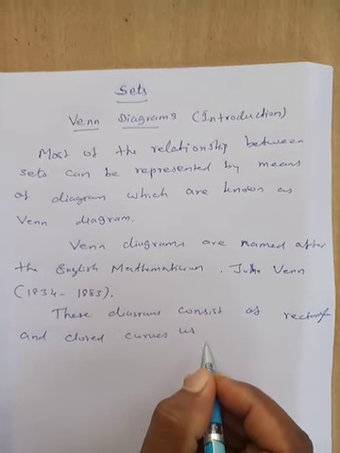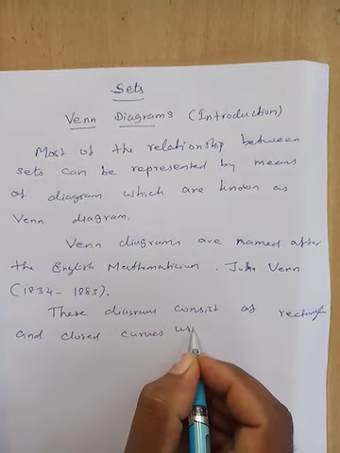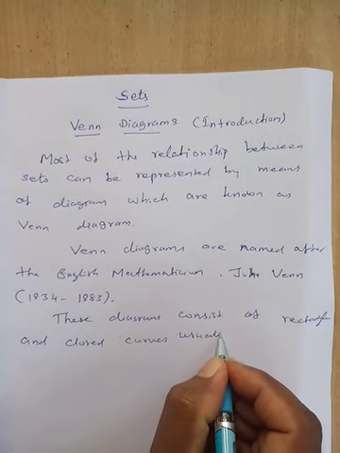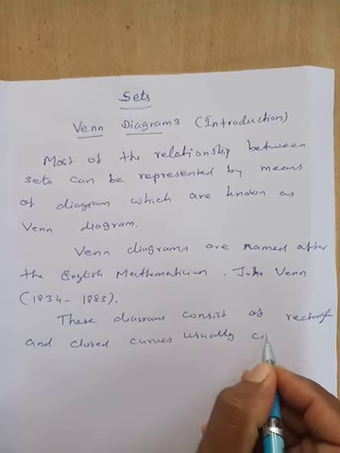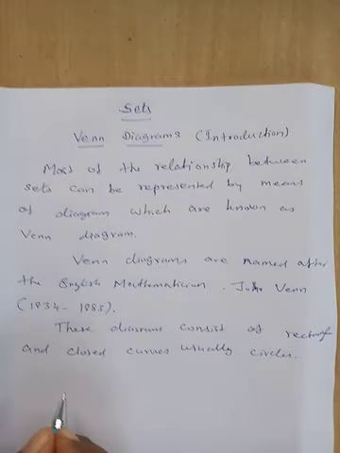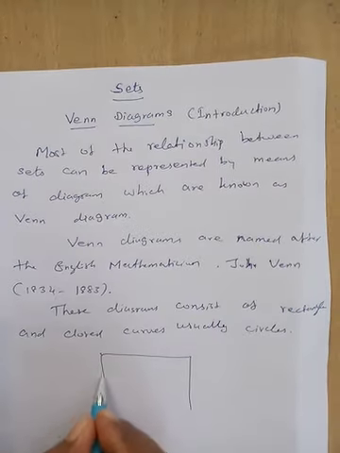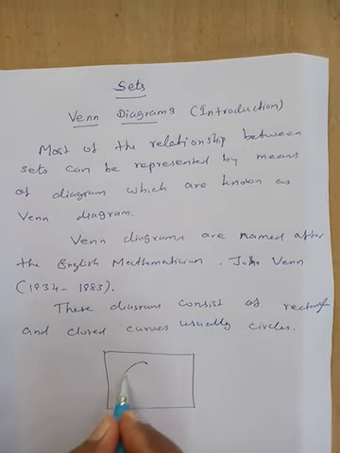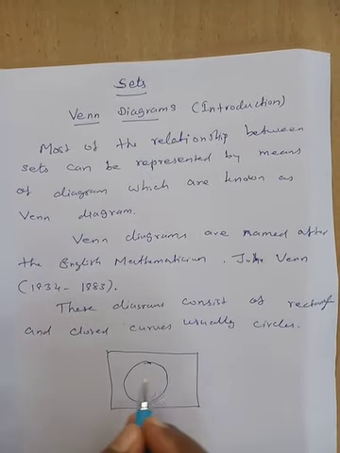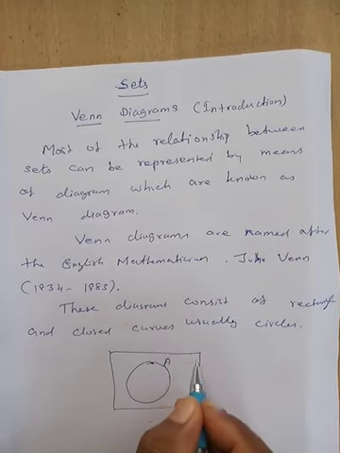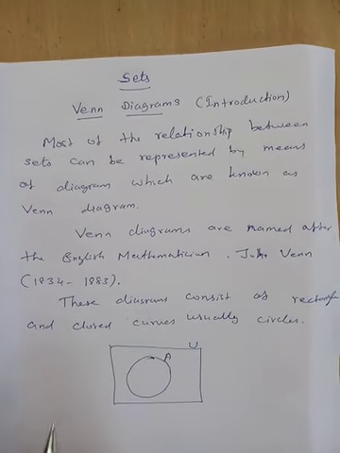Usually the closed curves are circles. That is like this, contained inside the sets. The set A, this is the universal set.